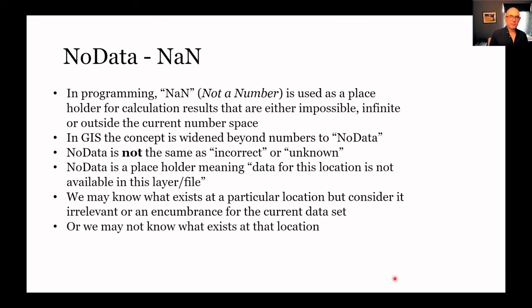But not a number just means that your calculation perhaps didn't work out right. It may have gone to infinity. Some languages and systems have a way of storing a representation of infinity, and a negative infinity as well. Others don't, and you just end up, or perhaps you try to divide something by 0, and it will just say this is not a number.